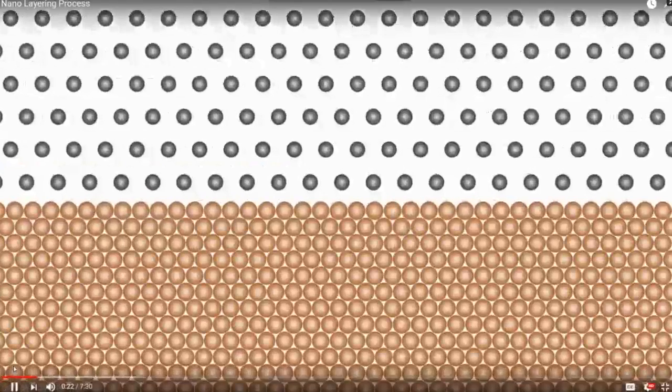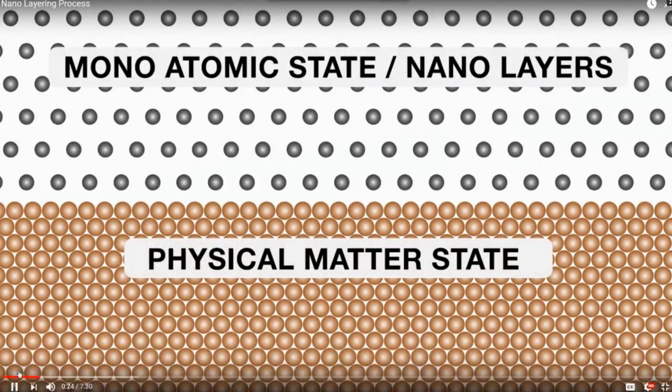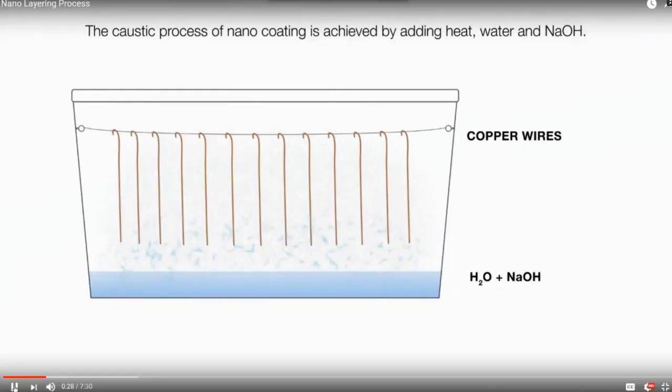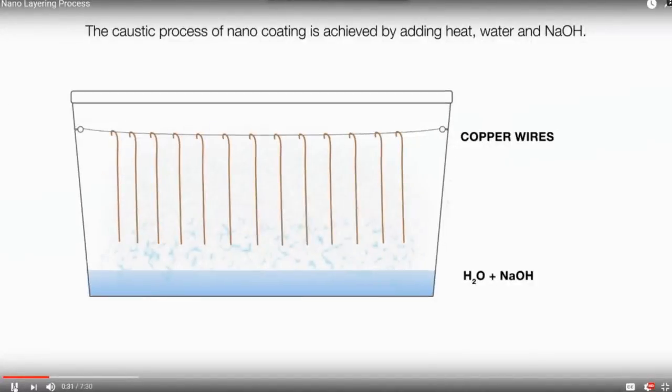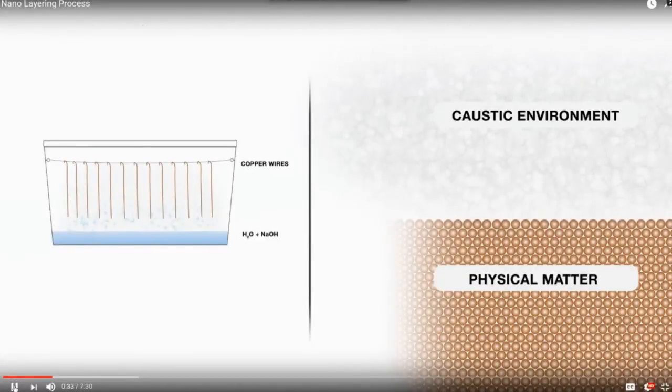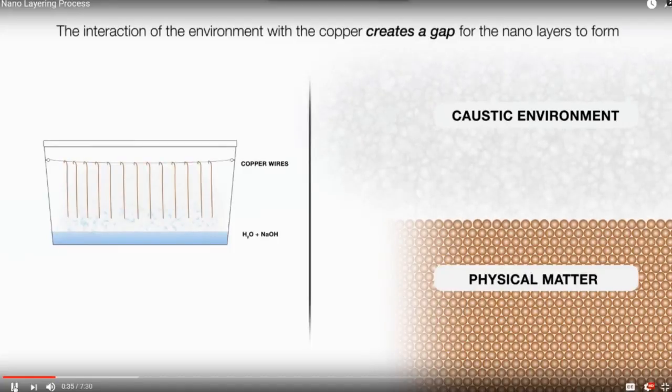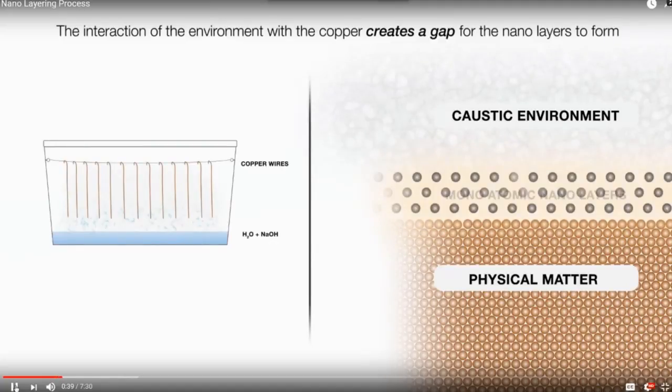So you see the physical matter, and there are the monoatomic state nano layers. The caustic process of nano-coating is achieved by adding heat, water, and sodium hydroxide. The interaction of the environment with the copper creates a gap for the nanolayers to form. So you see the physical piece of copper, and it's in that caustic environment.